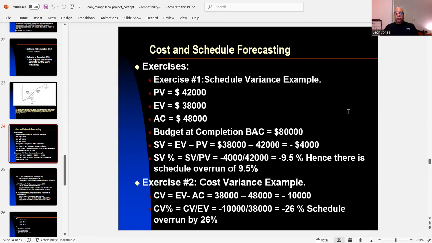We have a 26% overrun, which usually you're looking at a change order. Now, depending on what type of project, I know on DOT it could be between 5 and maybe 20%. You don't need a change order. Anything over that, you have to get a change order. We can move money around.